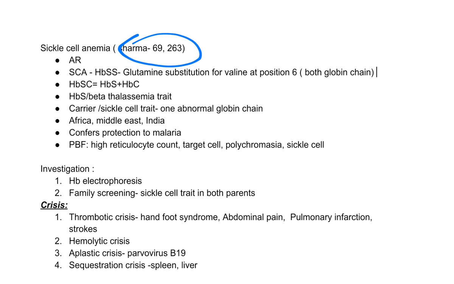At first, it is autosomal recessive. You have to know this first. When it is homozygous, that is hemoglobin SS, then it is called sickle cell anemia. But when it is heterozygous, then it is not sickle cell anemia; rather, it can be called sickle cell disease.